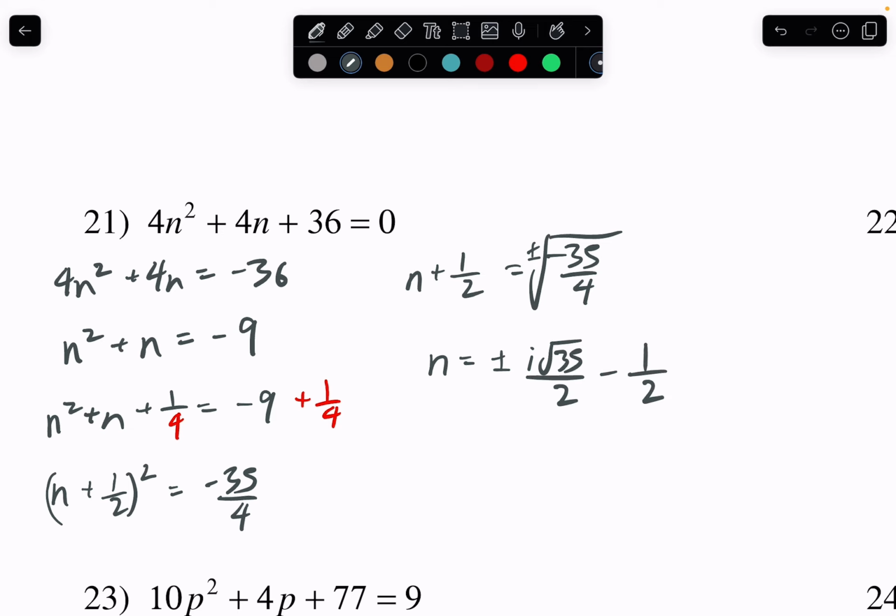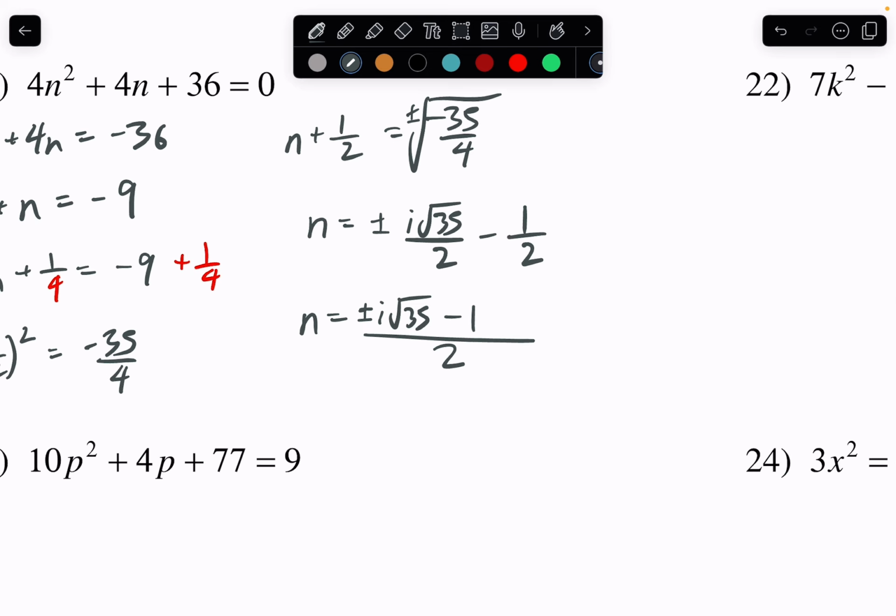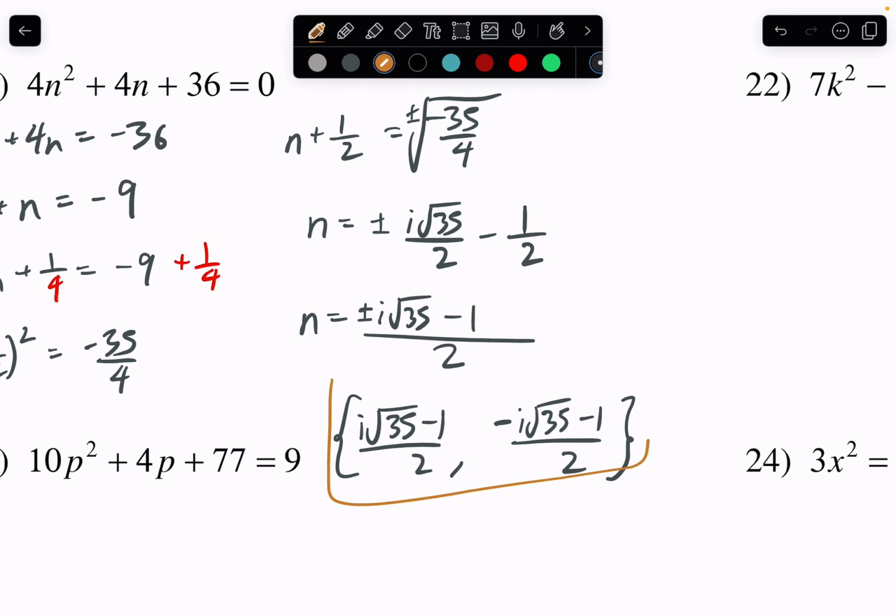And then minus 1 half. This can be written as I square root of 35 minus 1. Separate into two parts. We have I square root of 35 minus 1 over 2, negative I square root of 35 minus 1 over 2. Yep. Now we got the correct answers.